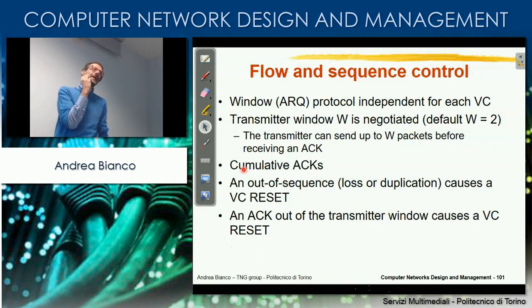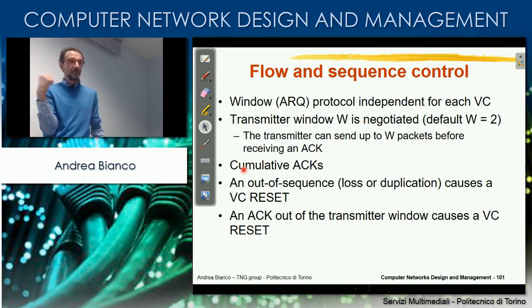Cumulative ACK instead, you send an ACK telling the transmitter, I got everything up to 6. So you send again ACK 0, 1, 2, 3, 4, 5, 6 as before, but ACK 6 means I've got everything up to packet 6 included. So if you lose ACK 5, whenever you get ACK 6, you are okay. You are compensating for ACK loss through the cumulative ACK.